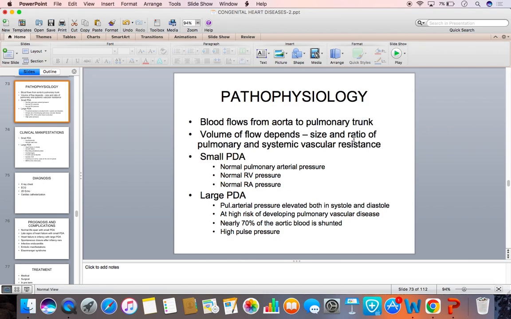In large PDA, because the magnitude of the left to right shunt is very high, nearly 70% of the aortic blood is shunted to the pulmonary trunk.